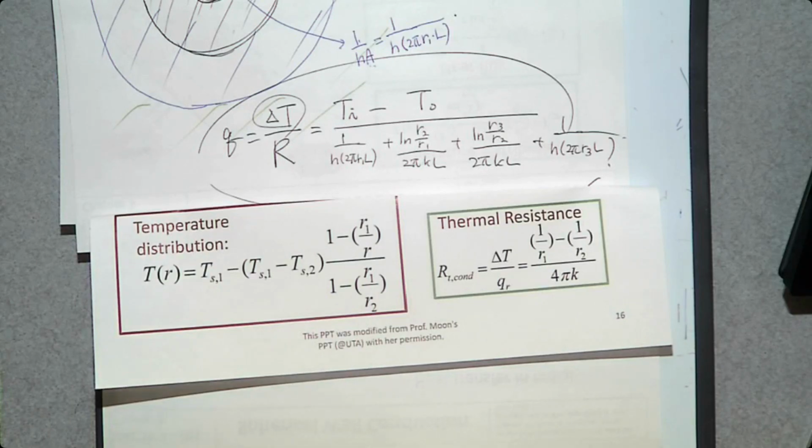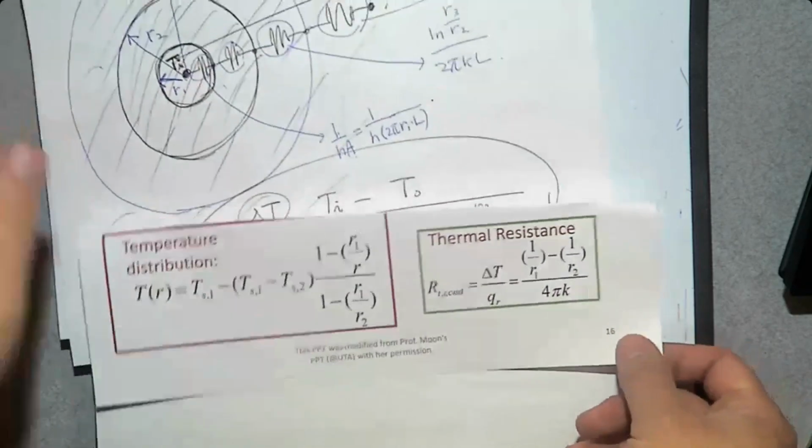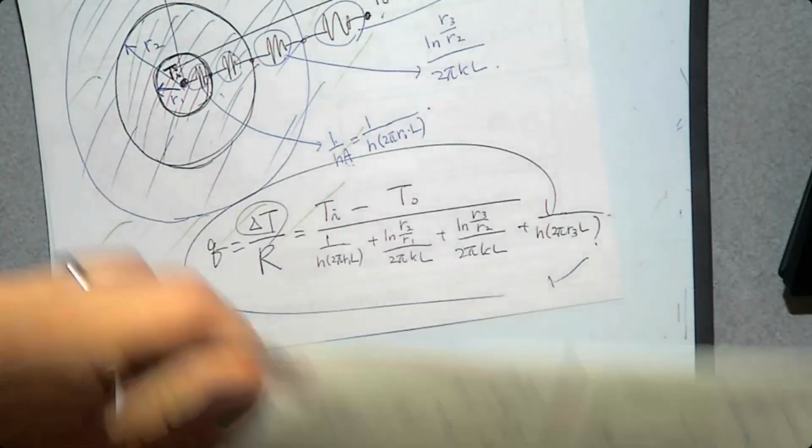Cartesian and cylindrical, they are quite popular. Spherical coordinate system is very rare unless you want to study a fireball, no, sun. Usually the spherical shape is very uncommon in engineering. So this is just for your reference, okay?